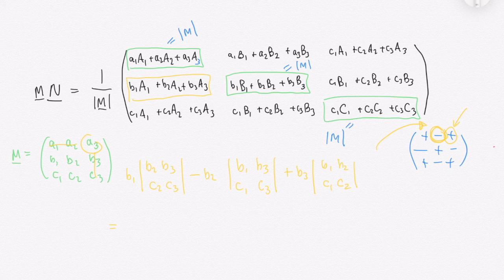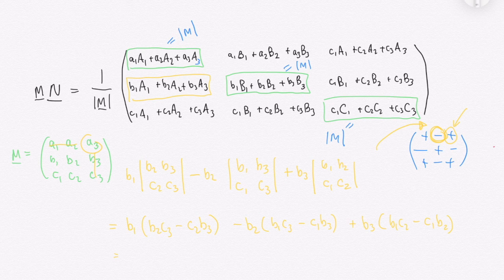So let's just expand out this determinant. So we get b1 multiplied by (b2 c3 subtract c2 b3), subtract b2 multiplied by (b1 c3 subtract c1 b3), add b3 multiplied by (b1 c2 subtract c1 b2).